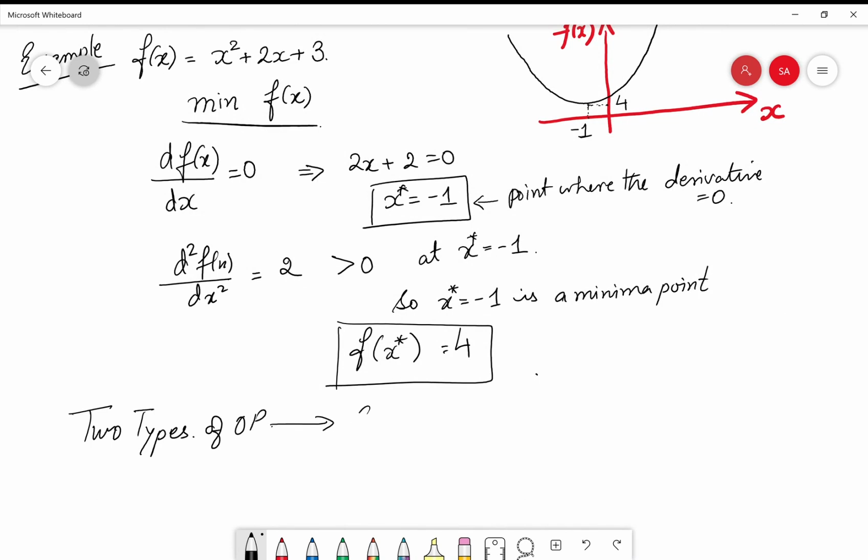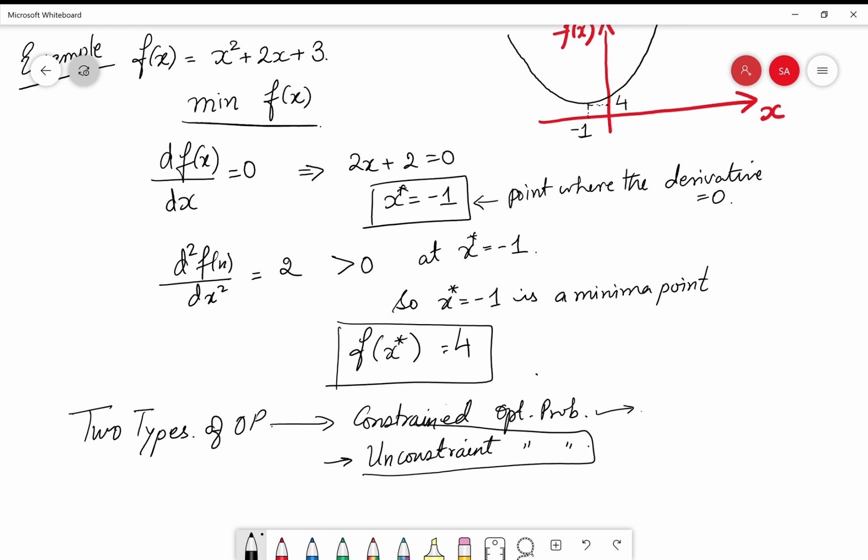One is called a constrained optimization problem. The other one is called an unconstrained optimization problem. In an unconstrained optimization problem, you do not have any constraints, while in a constrained optimization problem, you have some constraints.